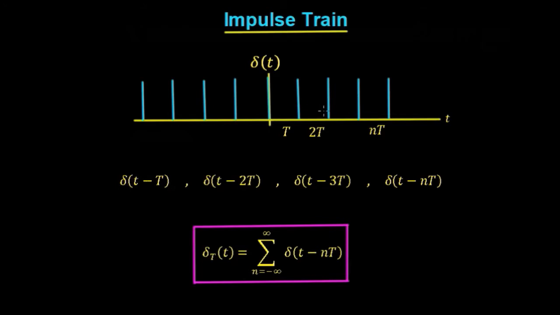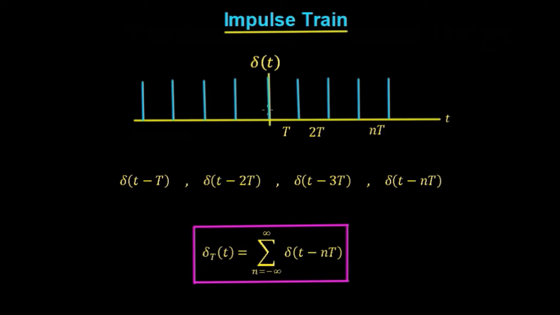And the next spike will be delta(t minus 2T), and then t minus 3T, and so forth. And in general it'll be delta(t minus nT). Of course, if we were coming the opposite direction here, it would be delta(t plus nT).